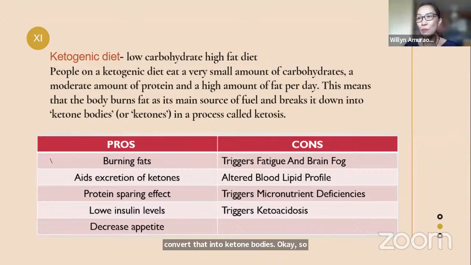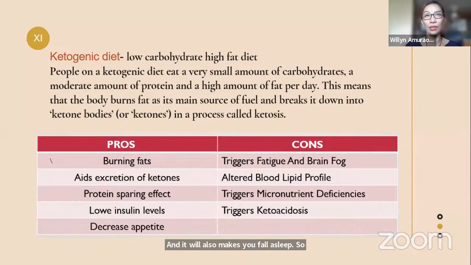So these ketone bodies will eventually lower the frequency or the onset of the epileptic seizure. But take note, the ketosis or the ketones is not good also in your body. You might develop a coma, just like the diabetic ketoacidosis or DKA. And it will also make you fall asleep.